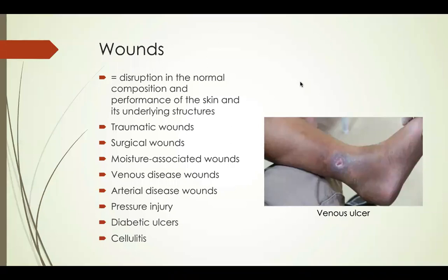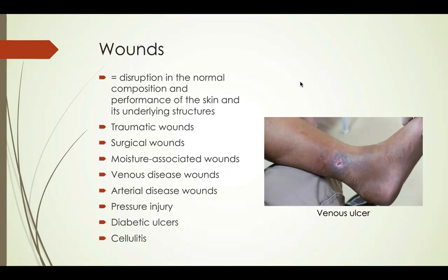So these can be venous diseases, arterial wounds, neuropathic wounds, some blood flow conditions that may result in a chronic wound. A longer term wound could be chronic venous insufficiency. So your veins aren't working that well.